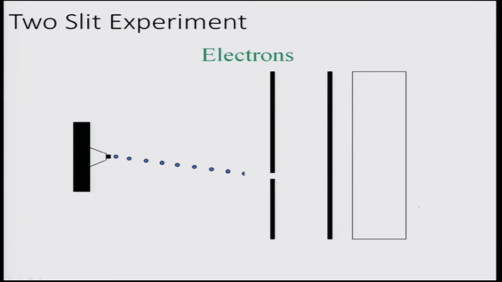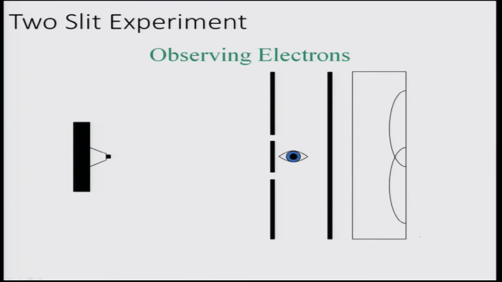The same thing extends to electrons, and I am just going to show this for completeness. We know that electrons, although they are particles, behave like waves. But when we are observing electrons, then we do see them as bullets. So, they behave as particles. That is the dilemma with quantum mechanics, which is what we are working on.